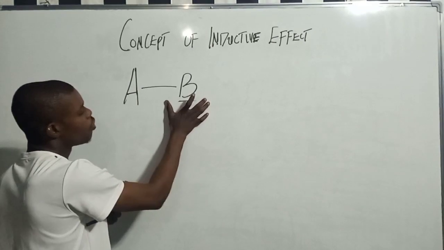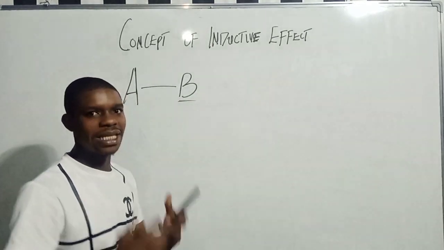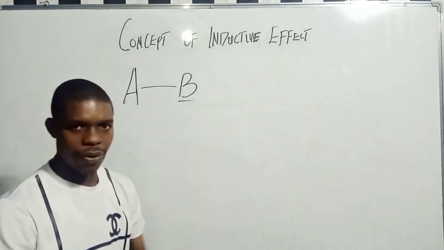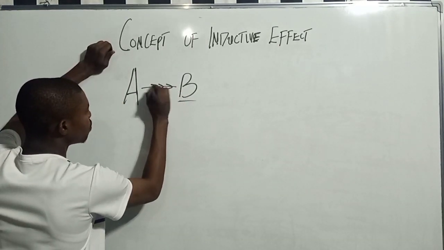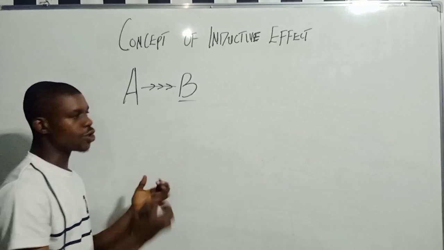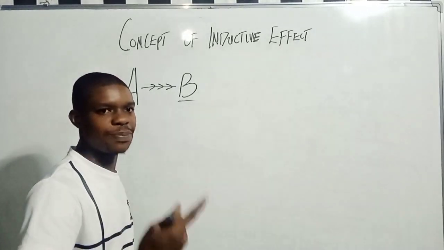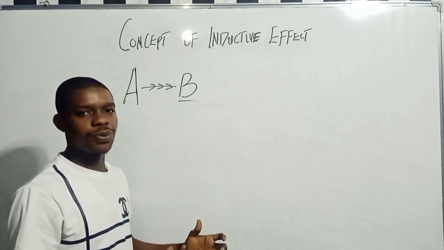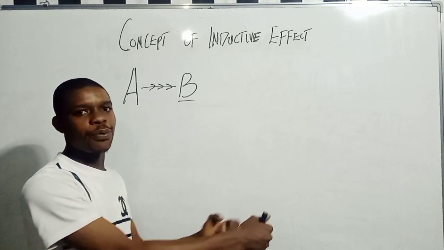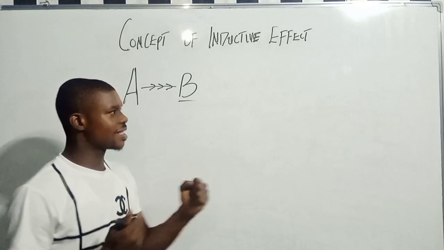If this one has greater pull, that is, higher electronegative power, more of the bonding electrons will be pulled towards B, because B is higher in electronegative power. Imagine a tug of war, when two sides are pulling a rope: the strongest side will pull more of the rope. The same thing here.